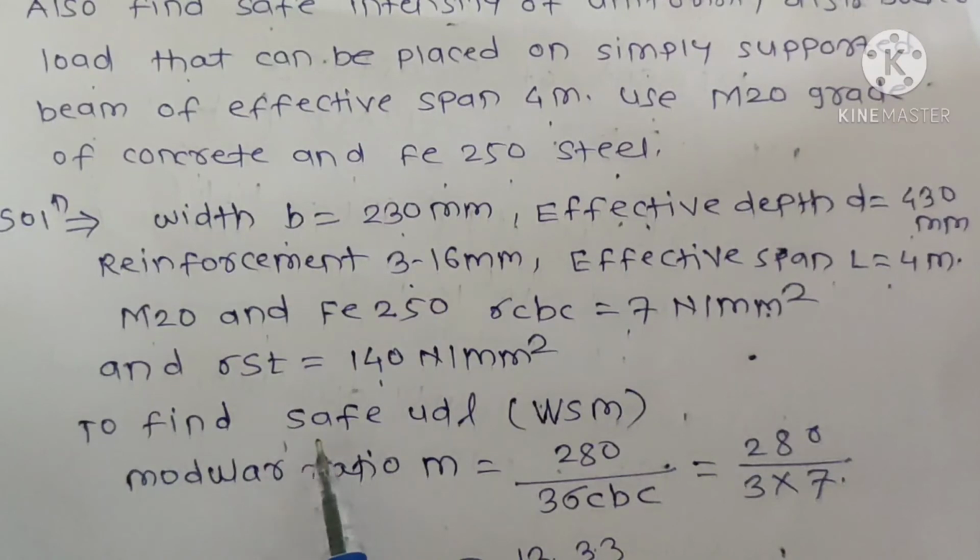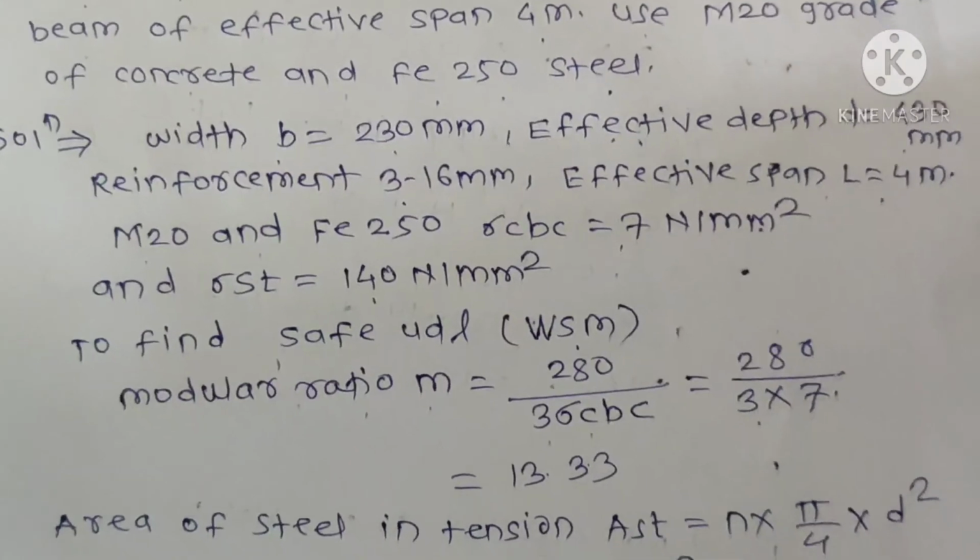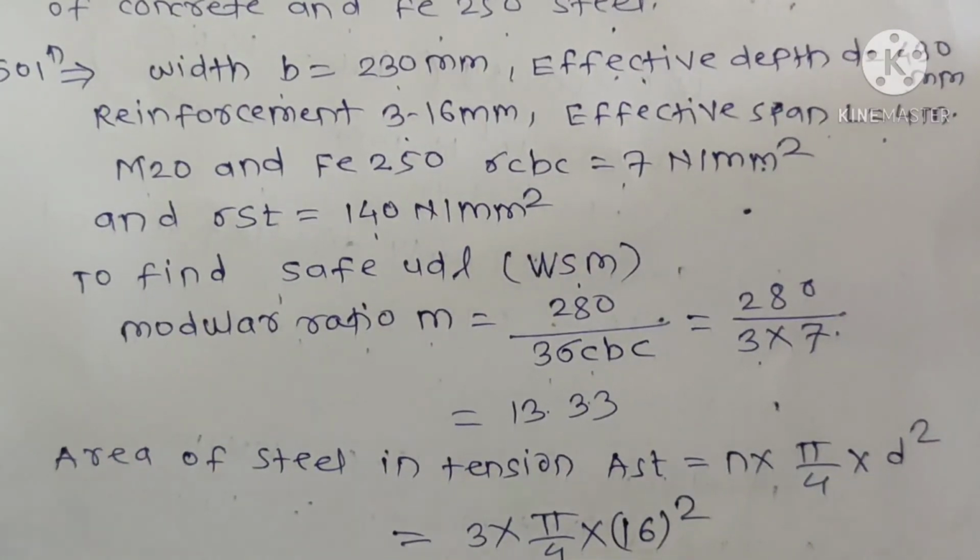To find the safe UDL by WSM, modular ratio m is 280 divided by 3 into sigma CBC, which is 280 divided by 3 into 7, so the modular ratio is 13.33. Then the area of steel in tension AST is n into pi by 4 D square, where n is 3 and D is 16.